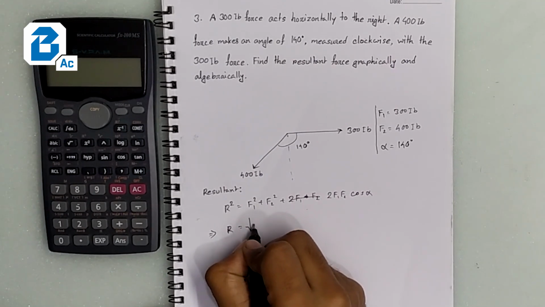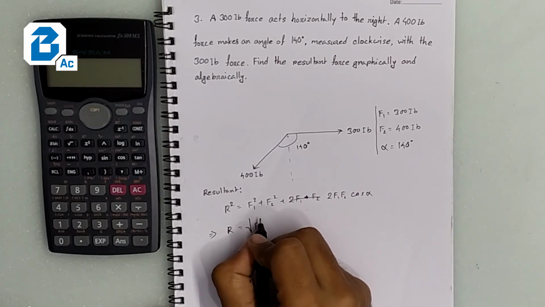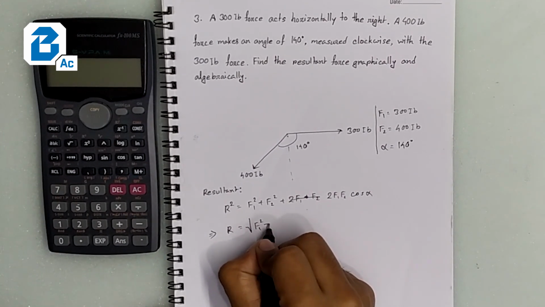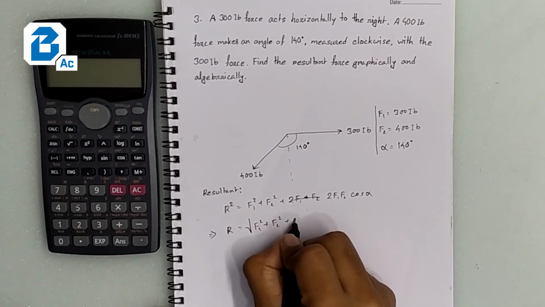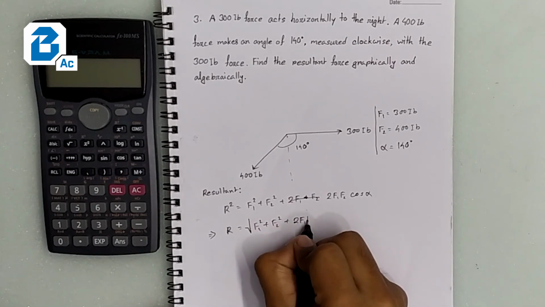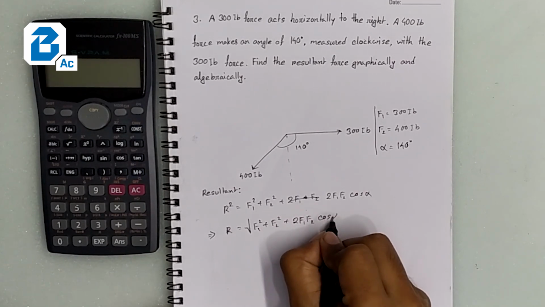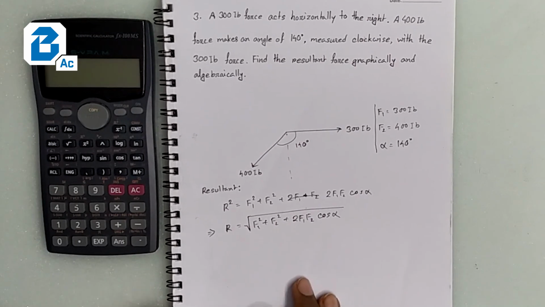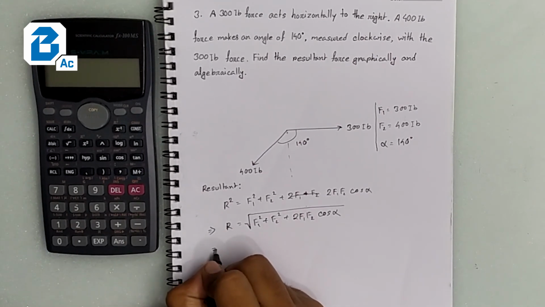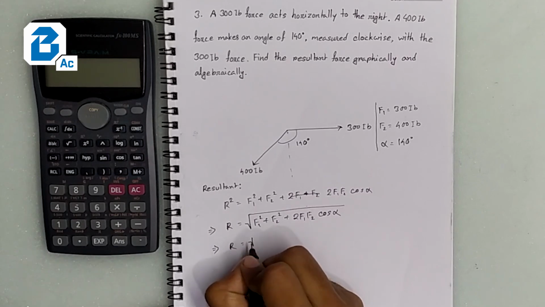So we will add a square root to the right and write the formula again: F1 squared plus F2 squared plus 2 F1 F2 cos alpha. And then we will put the values of F1, F2 and alpha.